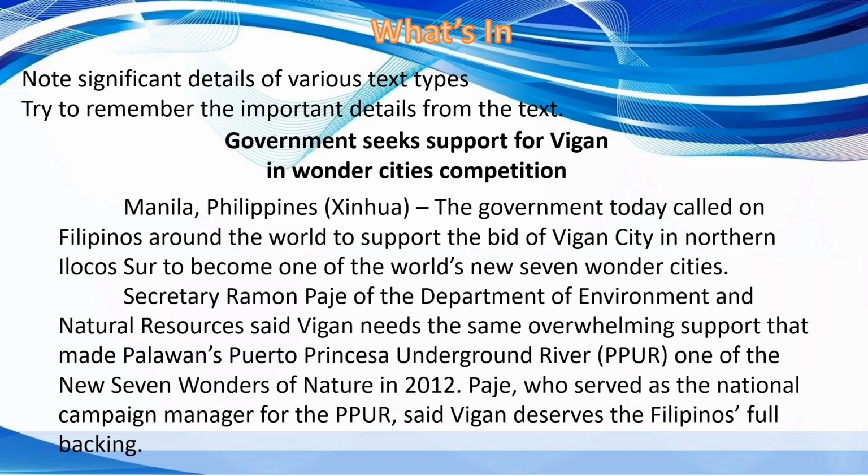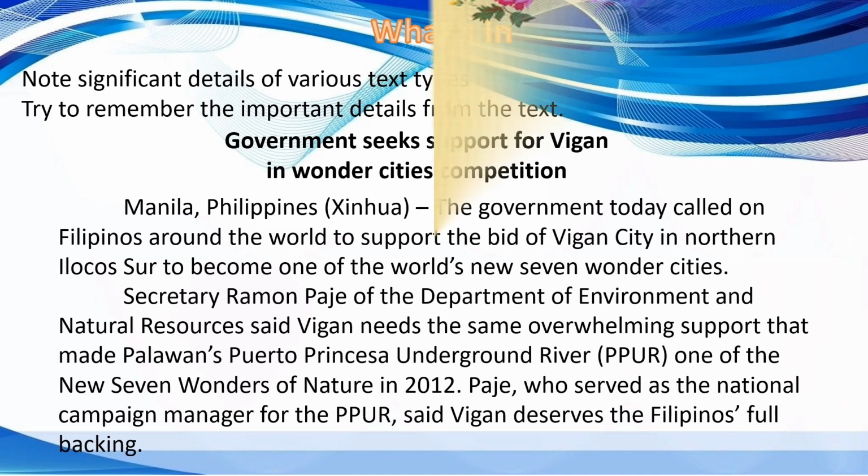Secretary Ramon Paje of the Department of Environment and Natural Resources said Vigan needs the same overwhelming support that made Palawan's Puerto Princesa Underground River, PPUR, one of the new 7 wonders of nature in 2012. Paje, who served as the national campaign manager for the PPUR, said Vigan deserves the Filipinos' full backing.